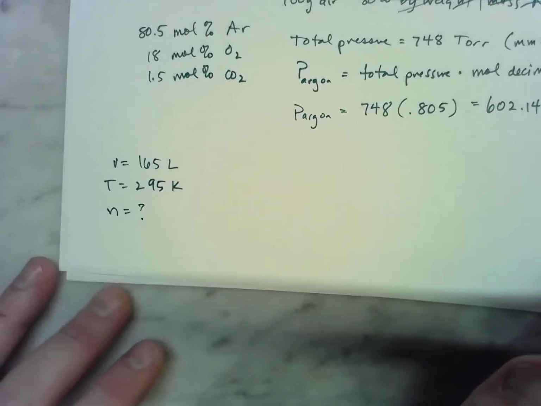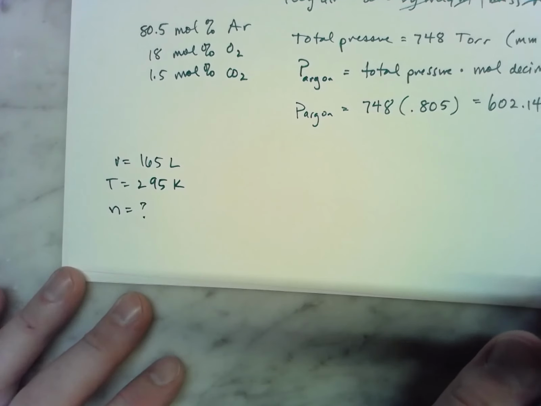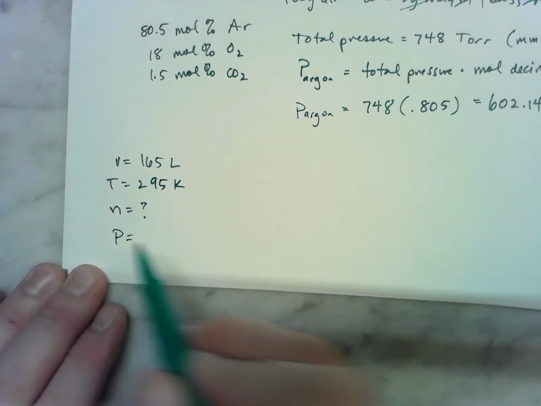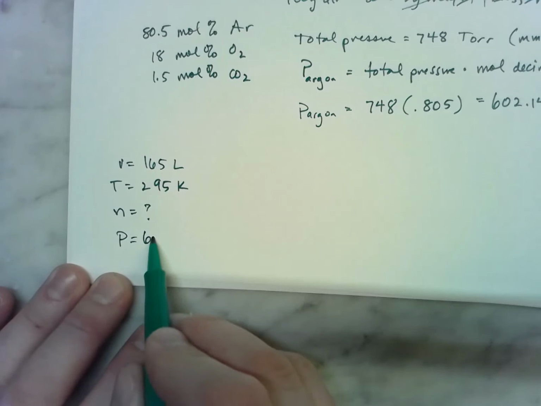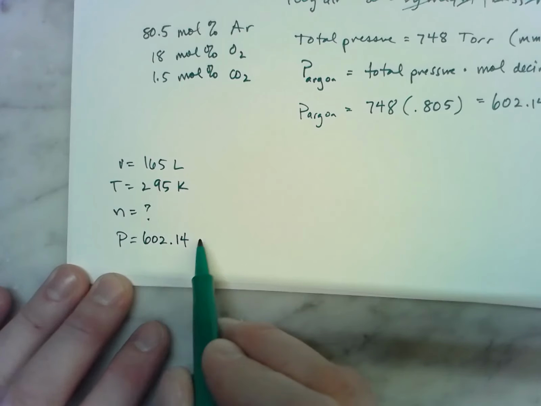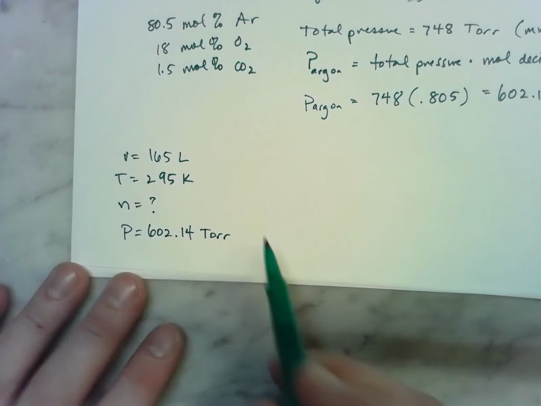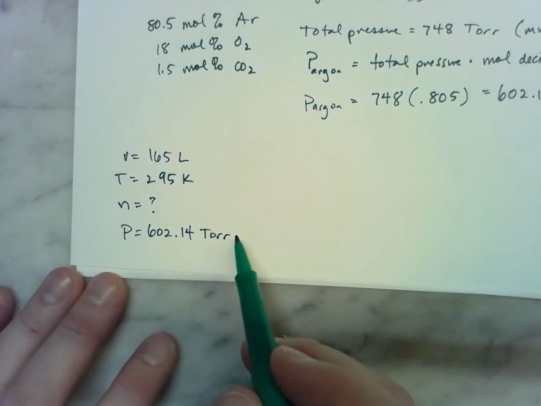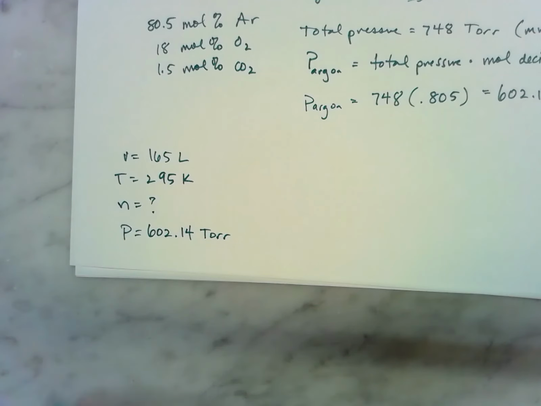All right, and we know the pressure is going to be 602.14 torr. Okay, and I'm going to explain why we use that one in just a second. All right, we're looking for n. What do we mean by PV and RT? So let's go pick our R, and then we'll figure out what exactly we need to do and why we picked that partial pressure instead of the total pressure.